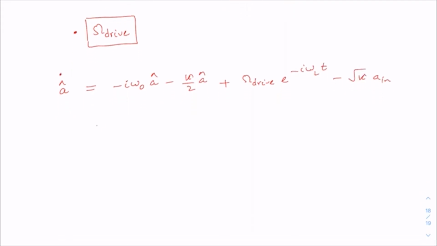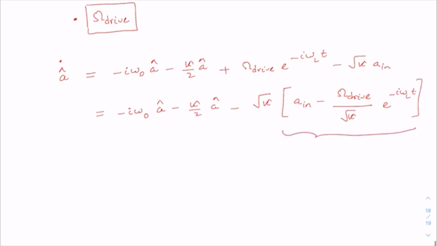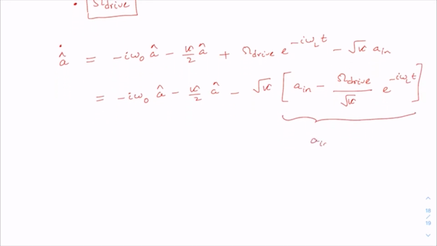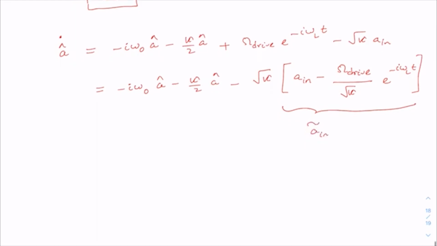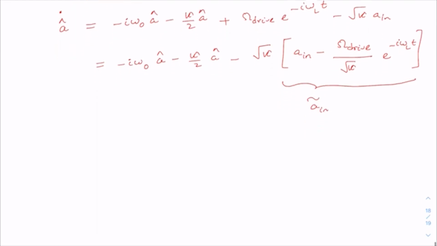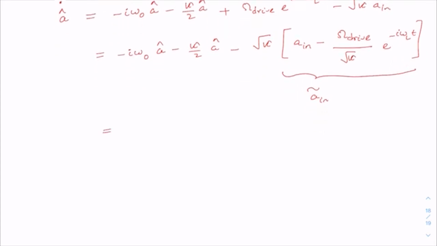This equation we can write in a slightly different form: minus i omega 0 A minus kappa by 2 A, and let me write square root of kappa times A in minus omega drive divided by square root of kappa e to the power minus i omega L t. Let me define this parameter as the new input noise operator A in tilde, and it includes the classical laser drive. With this, let me rewrite again.